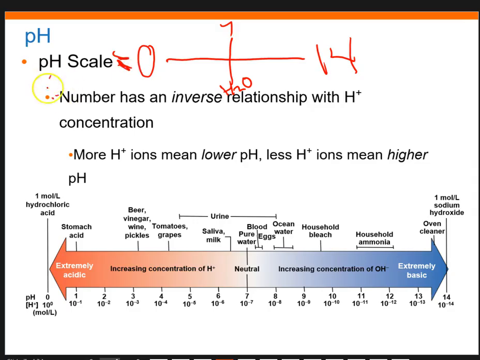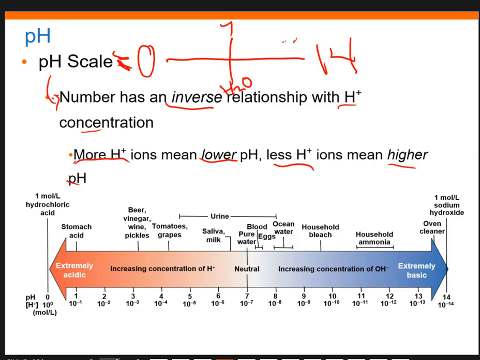The number on the pH scale has an inverse relationship with hydrogen ion concentration. Inverse is like opposite, so they move in opposite directions. So the more hydrogen ions, the lower the pH number. The fewer hydrogen ions, the higher the pH number.